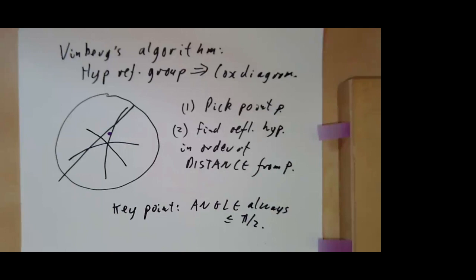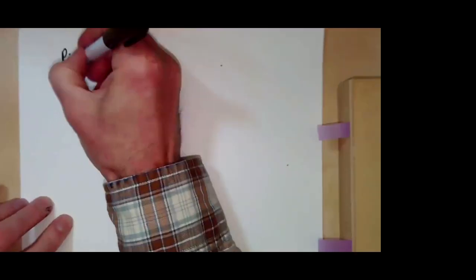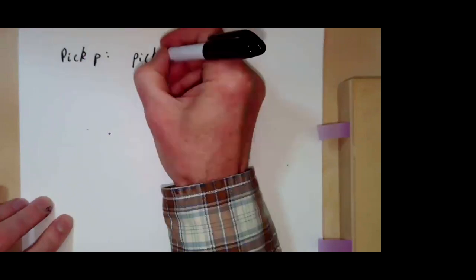And if you implement it for lattices, picking a point P corresponds to picking... essentially it says that two faces intersect, since all angles are at most pi over 2.